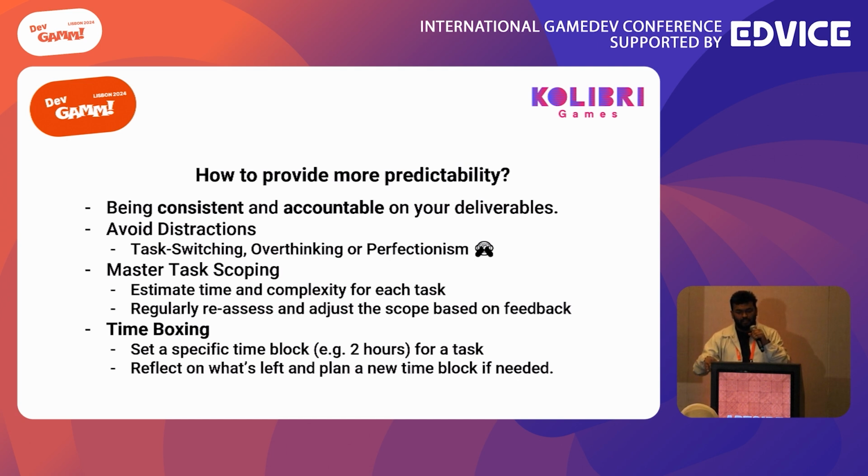You are consistent, so you're more predictable now. You avoid distraction. Oh boy, that's a very important one. While I do this, why don't I fix this part because this is gonna be awesome? No.